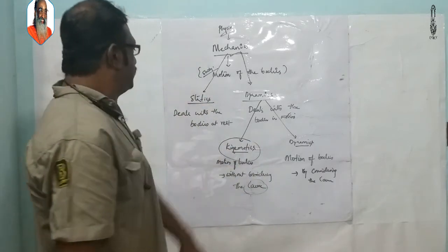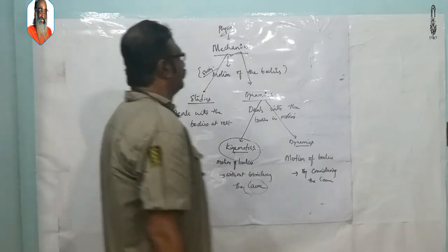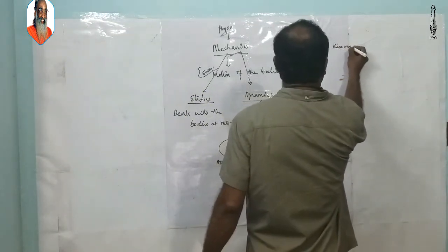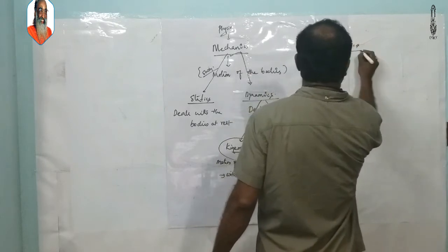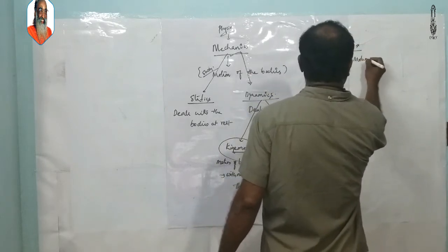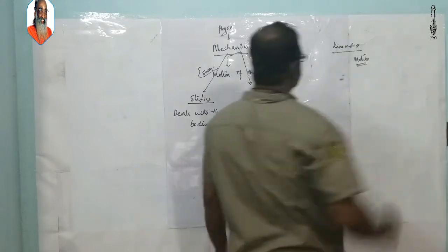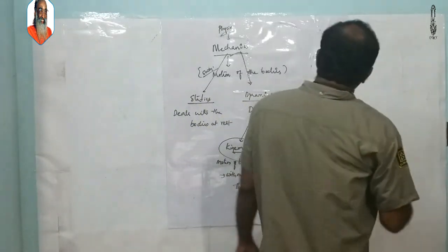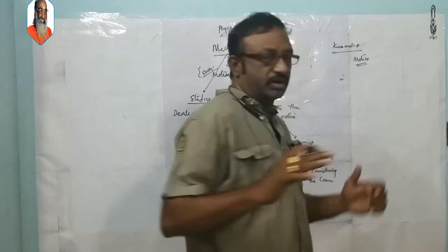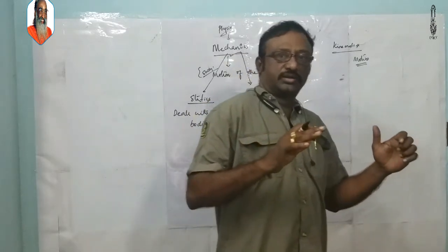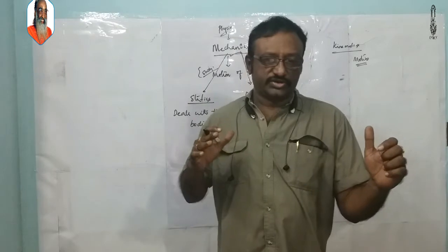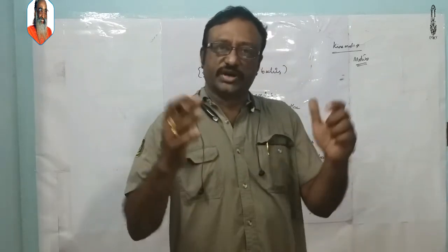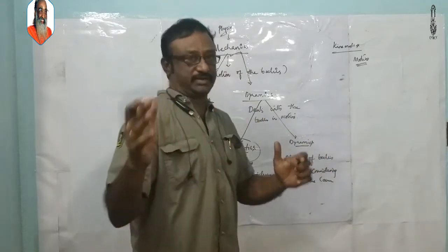And again in kinematics, first we start with, so here kinematics means we are going to talk about the motion. And if you look into the motion here, like the motion in a straight line, motion in a plane, and motion in space, like that we can categorize.